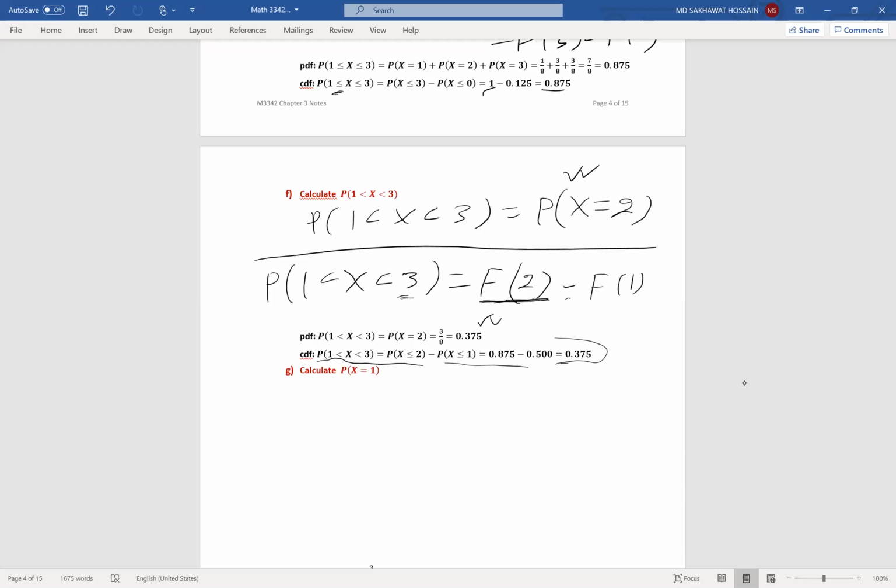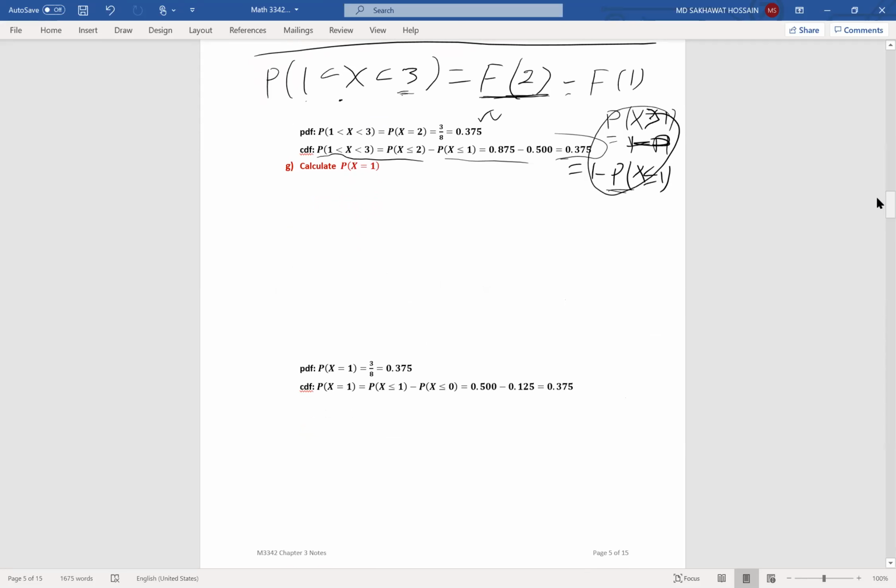Since x is greater than 1, in this case we are looking for the probability where x is greater than 1. So this can be written as 1 minus the probability of x less than or equal to 1. So the complement is x less than or equal to 1. Okay. And here the probability is 0.375.